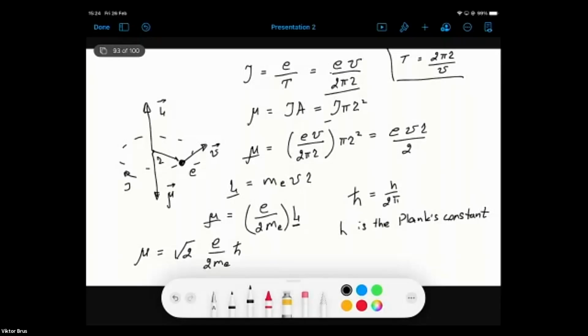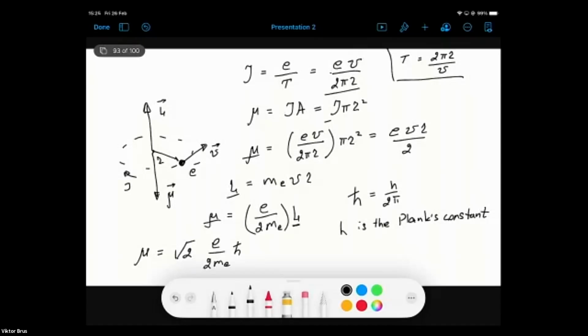However, it's not true, because most of these electrons occupy energy levels of atoms in pairs, and they have opposite magnetic moment vectors which compensate each other.